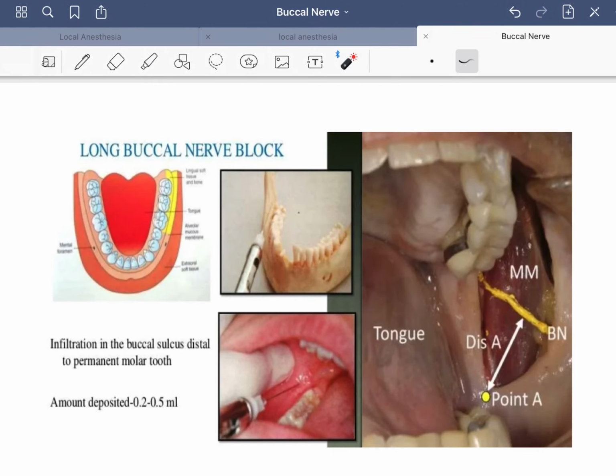As shown in the picture below, this is the target of insertion of the needle, which is distal to the most distal molar in the arch and buccally. You insert about 1 millimeter of the needle inside the tissue, and the amount deposited ranges from 0.2 to 0.5 ml.